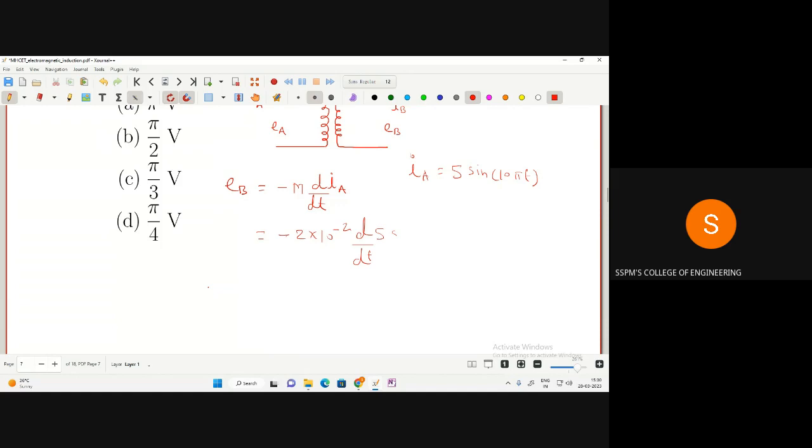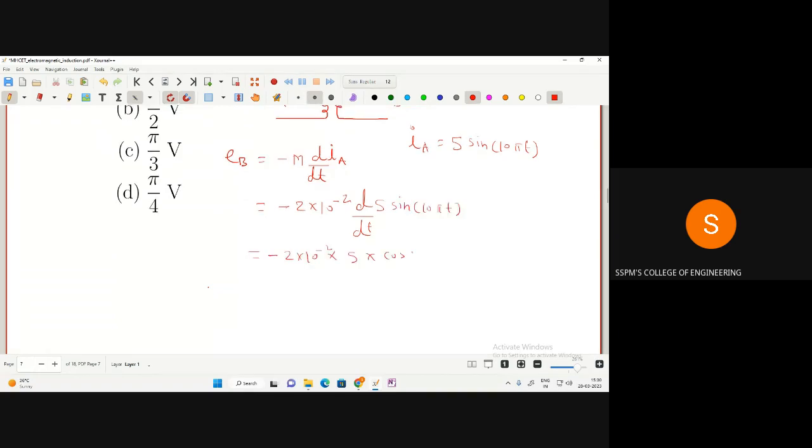It would be minus 2 into 10 to the power minus 2 into 5, and the derivative of sin 10 pi t is cos 10 pi t multiplied by the derivative of 10 pi t with respect to t, which is 10 pi. It is equal to minus 5 into 2 is 10, 10 into 10 to the power minus 2 into 10 pi into cos 10 pi t.